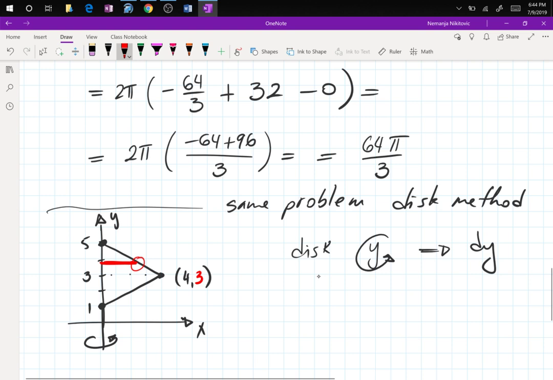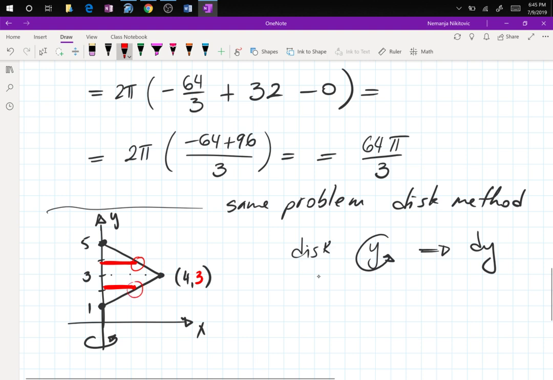You have to do two separate integrals. You have to do the disk method for the upper part separately from the disk method for the bottom part, and then add them together. And the reason for it is you have to use right minus left, but your right changes depending on where the x is. See that?